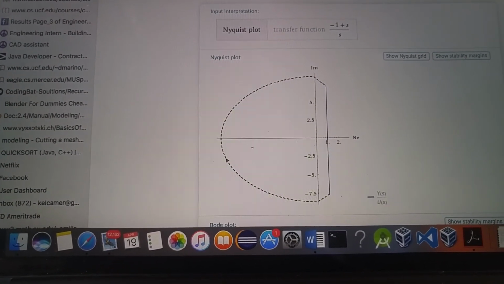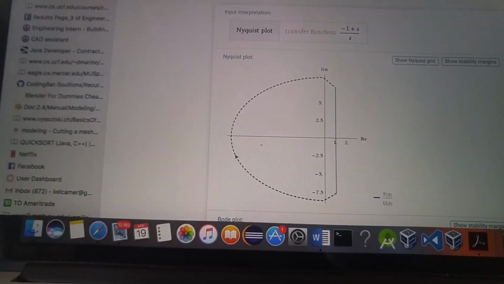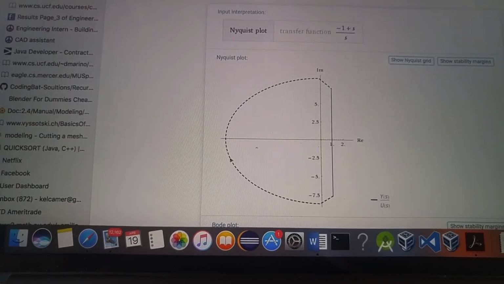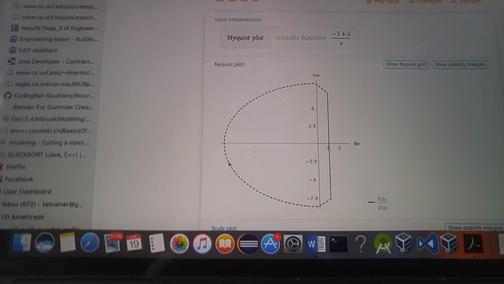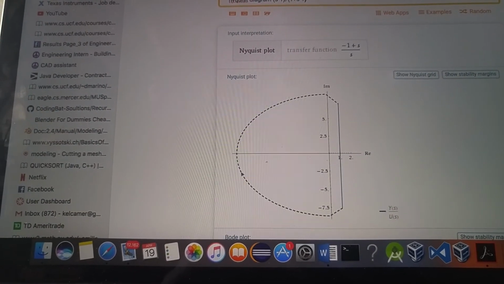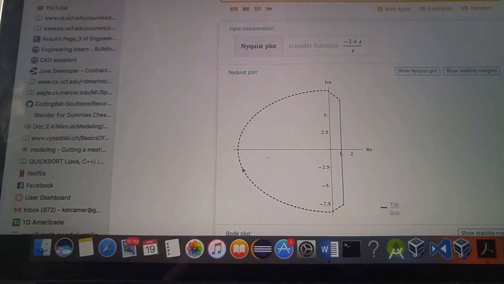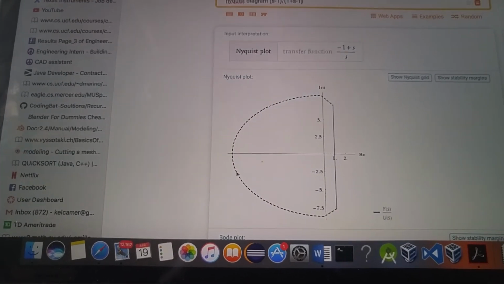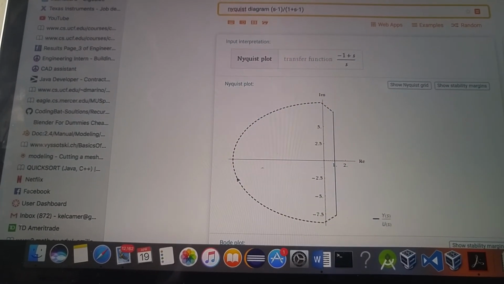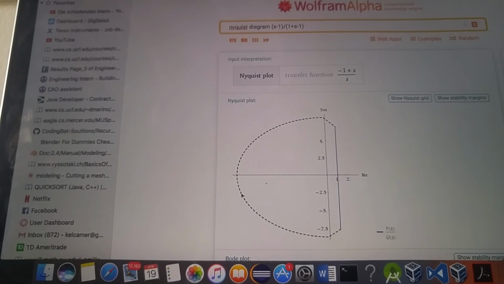Well, how many clockwise encirclements is there around -1? We have 1 clockwise encirclement. And how many poles are in the right half plane? Let's see here. We had s minus 1, which means we had 1 pole in the right half plane.